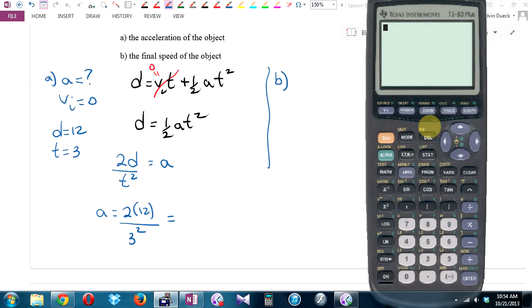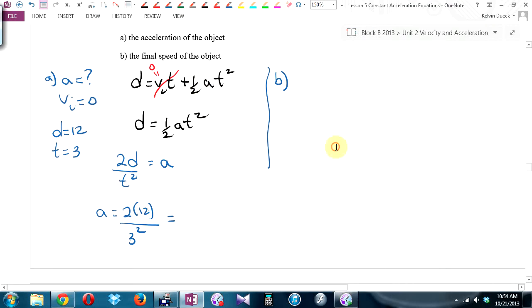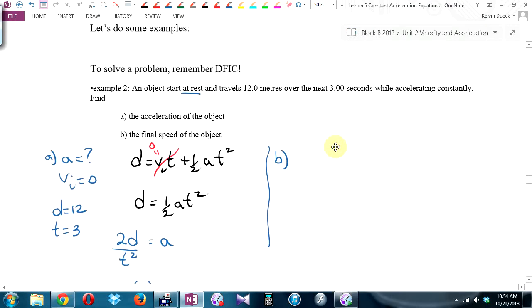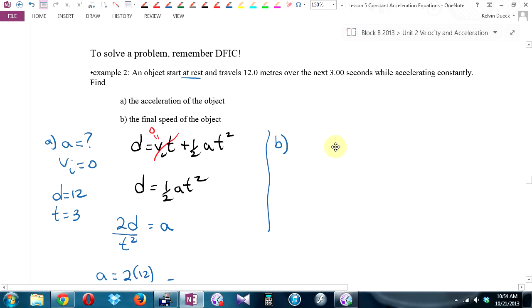Oh, sorry. It's 2 times 12 divided by 9. 24 divided by 9. Same as 8 divided by 3. Is the answer 2.6666666666? Yes. Let's go back to the original question. Chris, my friend, how many sig figs? 2, Nope. 3, Why 3?